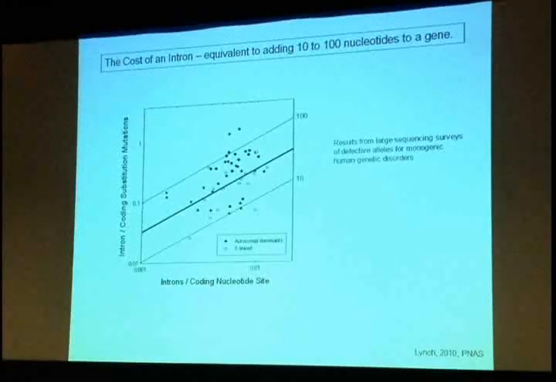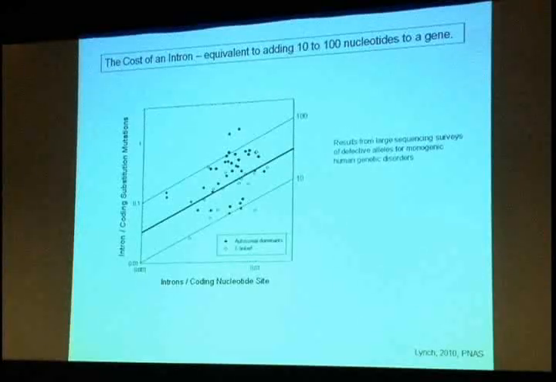And on the y-axis is the ratio of the number of mutant alleles that are affecting intron splicing versus coding DNA. Turns out that the ratio of this number to that number is the mutational penalty you pay. And that is illustrated here by where these points reside with respect to these lines.